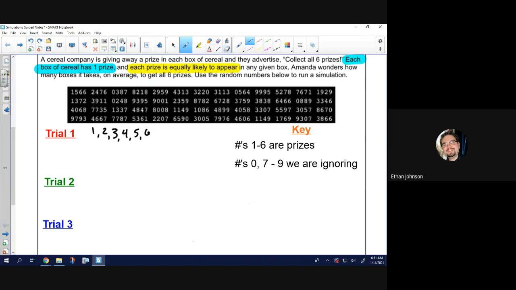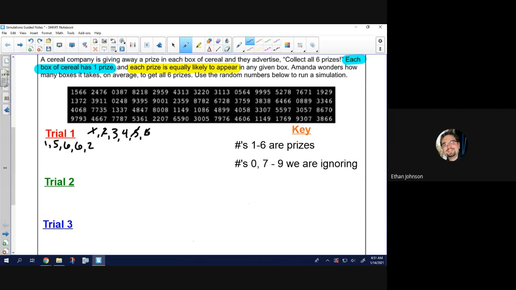So starting off, my first number is a 1. Awesome. That's a prize. Then I have a 5. That's a prize. Then I have a 6. That's a prize. The next number is a 6, which we can't cross off because we already got that prize, so we need to still keep going. We got a 2.